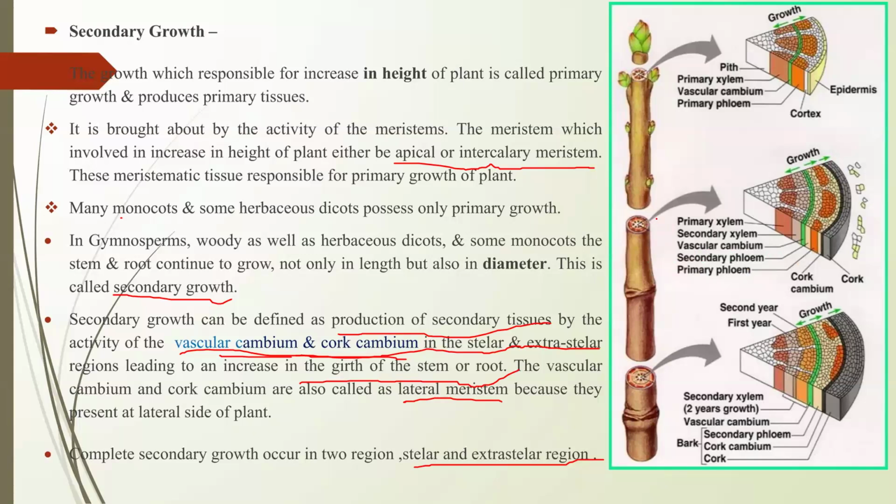Here the secondary growth occurs, the stem becomes thick, and an increase in the girth of the stem is observed.